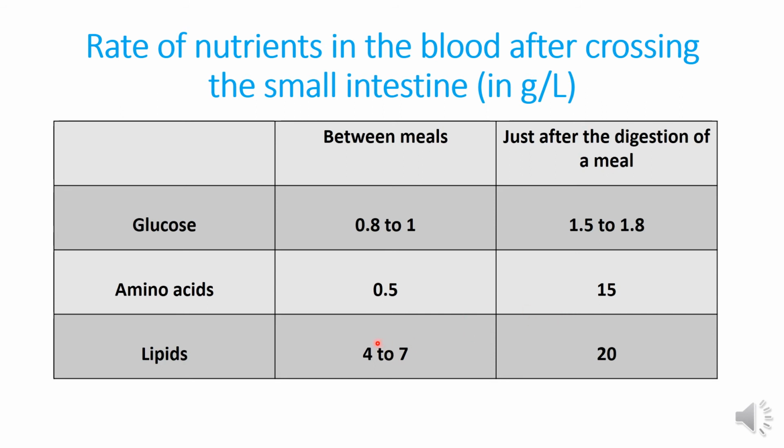Also that of lipids increases from 4 to 7 to 20 gram per liter. This increase is explained by the fact that food is digested, transformed into nutrients, and absorbed by the blood. So these nutrients pass from the small intestine, at the end of digestion, into the blood.